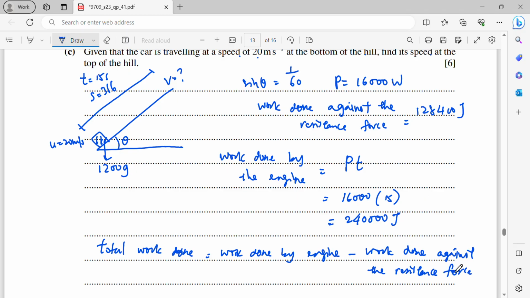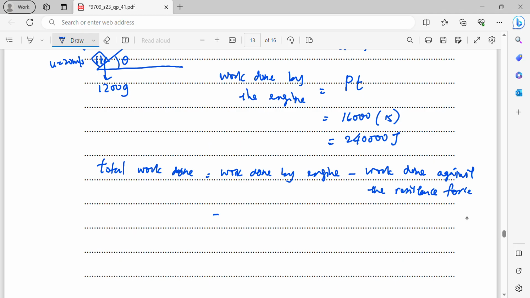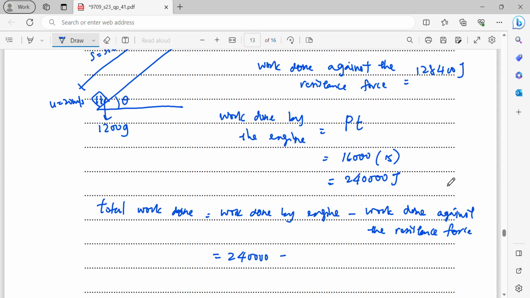Okay, against the resistance force. So I will just minus first, 240,000 minus 128,400. That is going to be 111,600 joule.